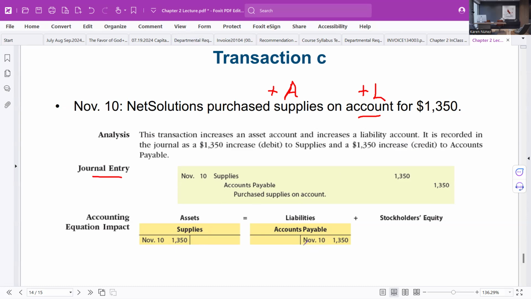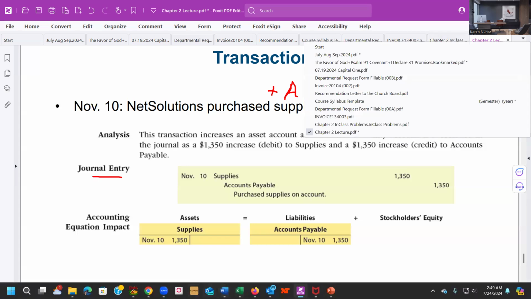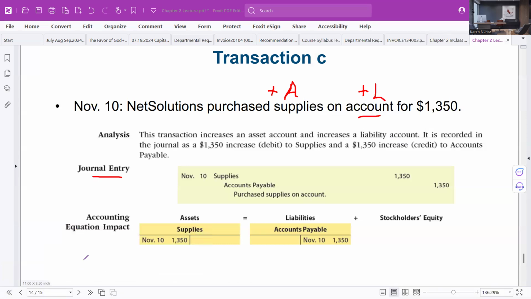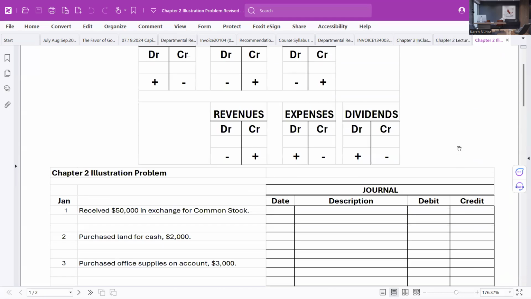Now, I'd like to take you to a little bit more formal illustration. So the illustration that I want to use, here it is.